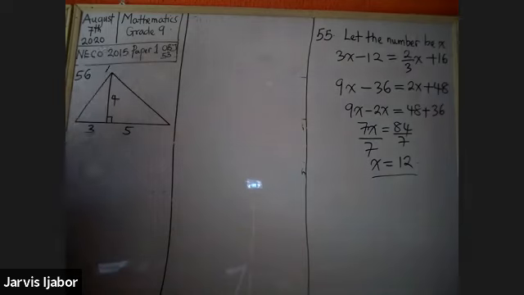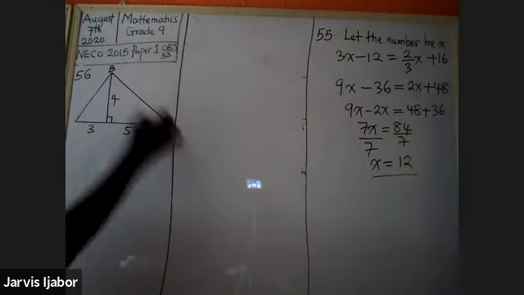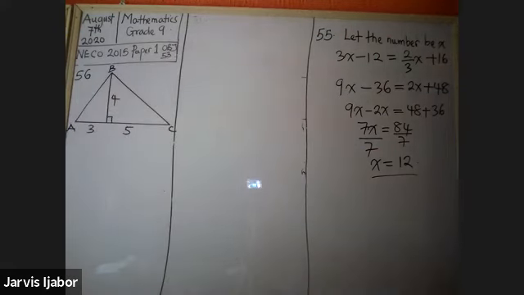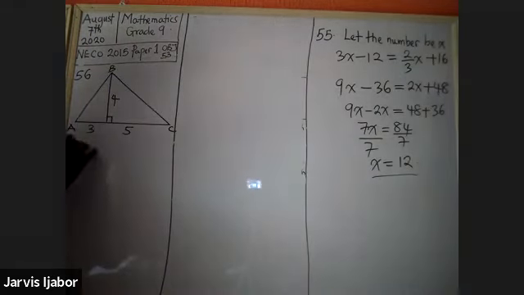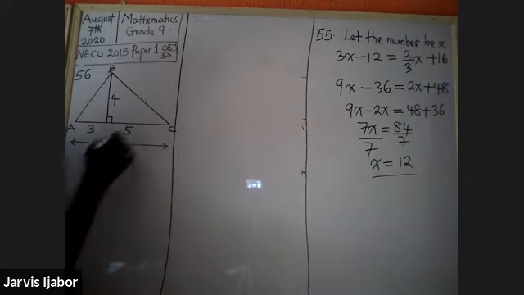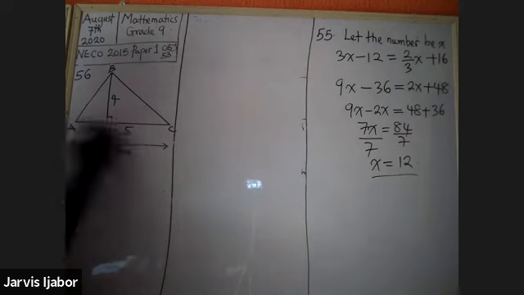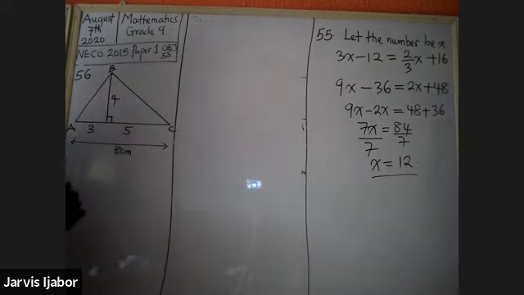This is B, this is C, and this is A. You are told to find the area of the triangle. Now take note, this is the base. The whole of this is the base, so it's going to be 8 cm. The height will be 4 cm.